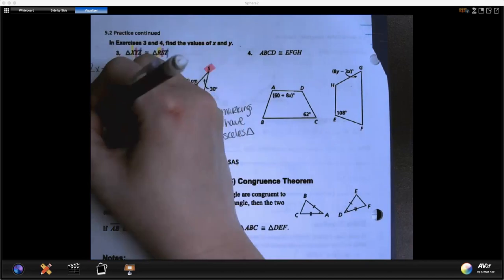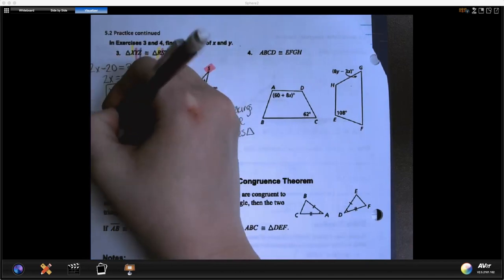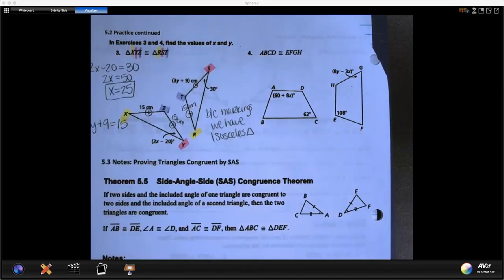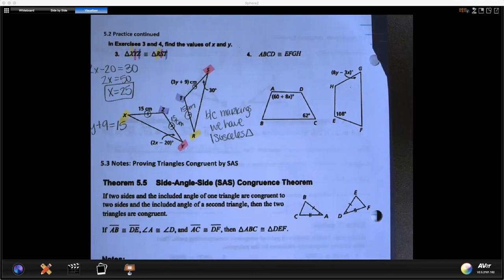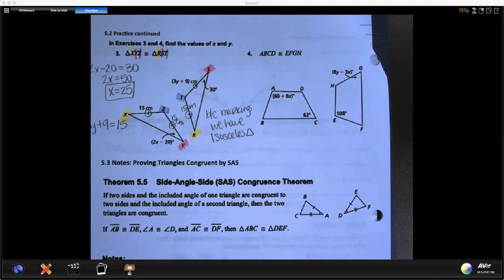Correct. 3y plus 9 equals 15. Go ahead and solve for y.